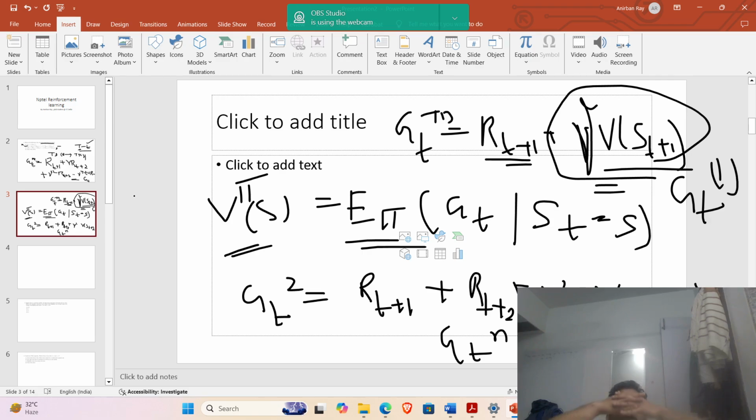In online method, as soon as you get the return gt, you update the value function, and then you continue after that, again calculate the gt, then update the value function. So that is the online method.